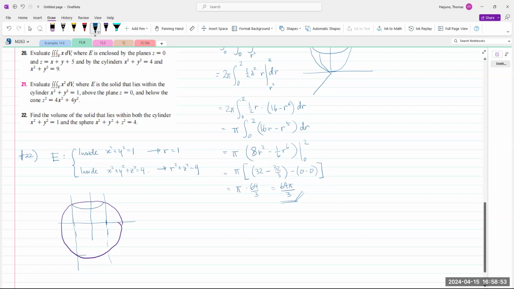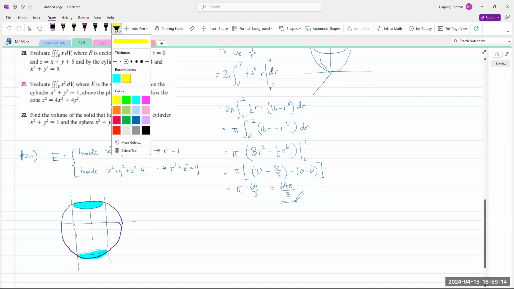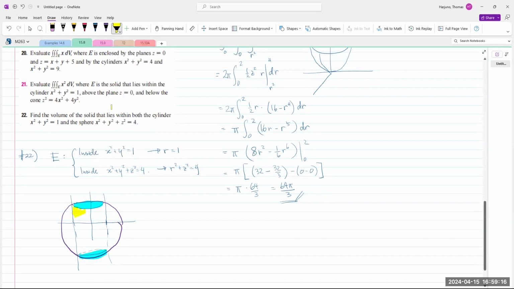So it will be inside the cylinder and also bounded above by the cap of that sphere, and also below by the cap at the bottom of that sphere. Okay, so we are talking about this solid here. This is the top cap, this is the bottom cap, and the lateral cylinder is this. Okay, that's the skin.